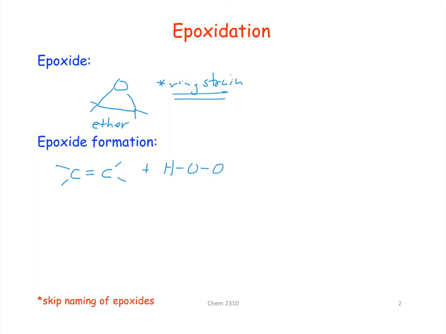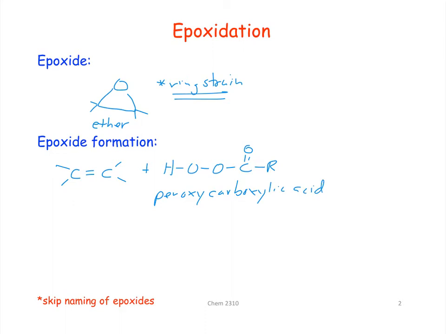So it has this structure here, and I'm just going to put an R group over here. Let's write it down here, peroxycarboxylic acid. Sometimes we just refer to it as a peroxy acid.